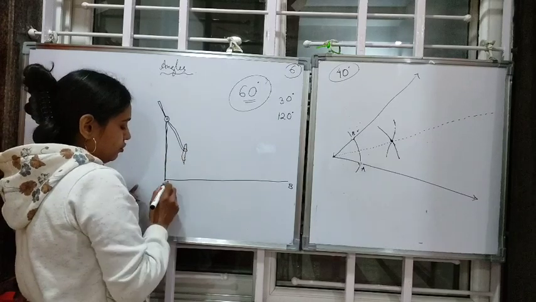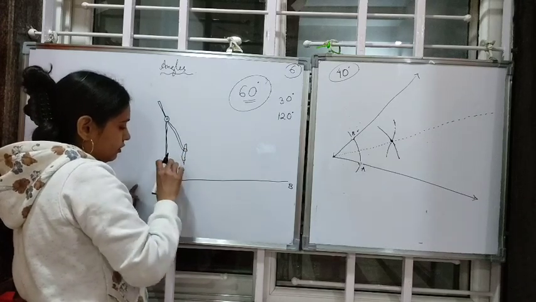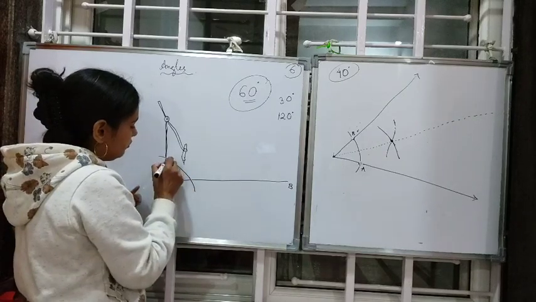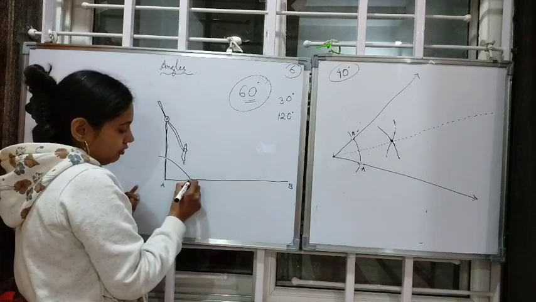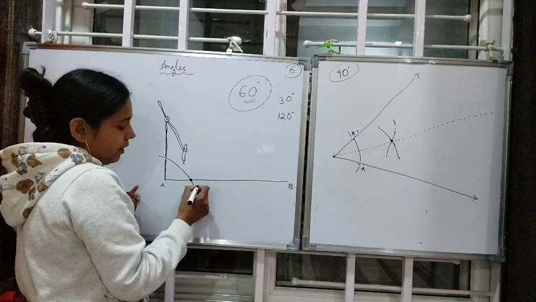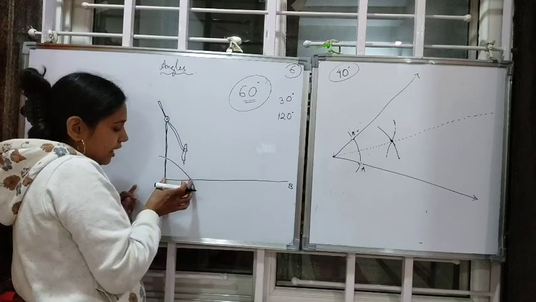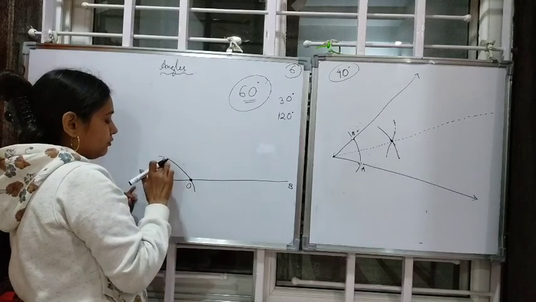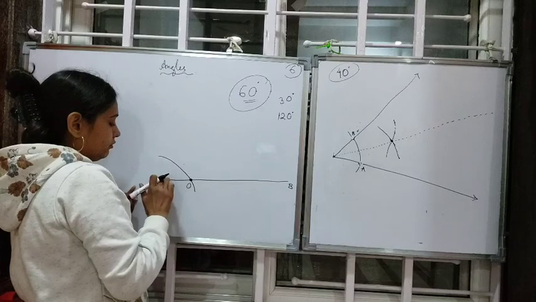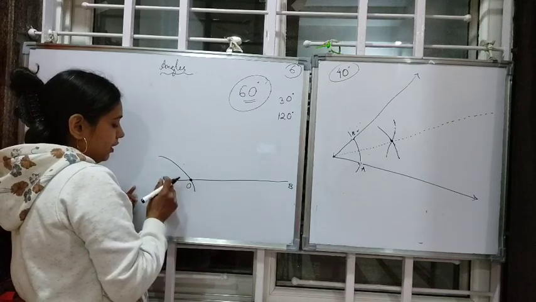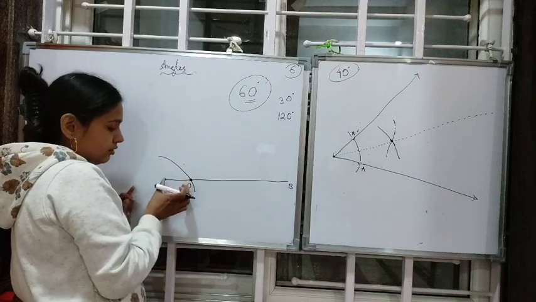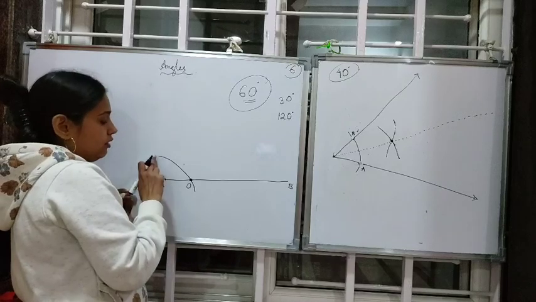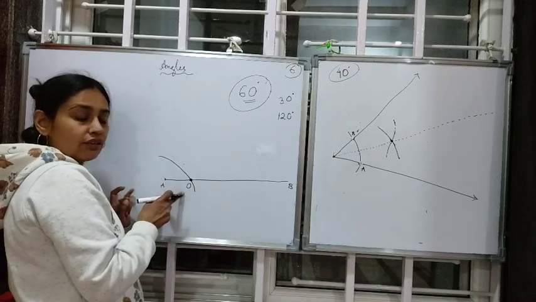So draw an arc like this. Now you got a point of intersection here. Mark it as O. Now with the same radius, first and foremost, remove your rounder. With the same radius, from point O, mark another arc on this first arc which we have drawn.